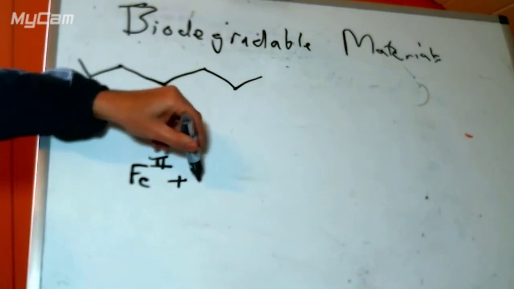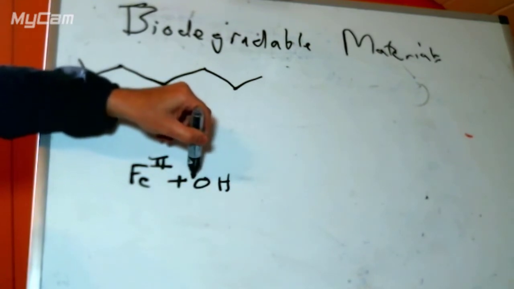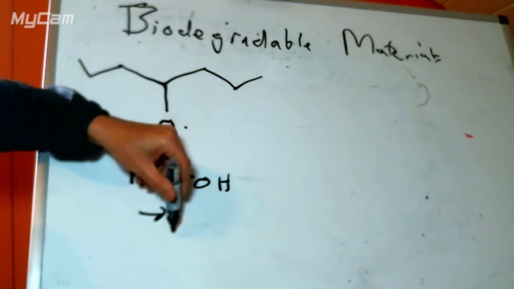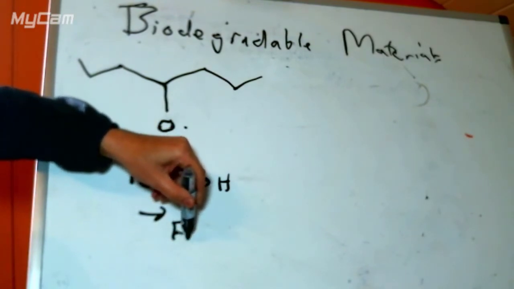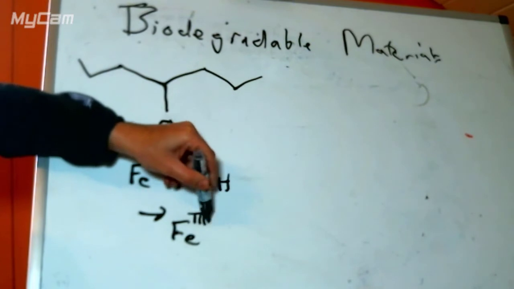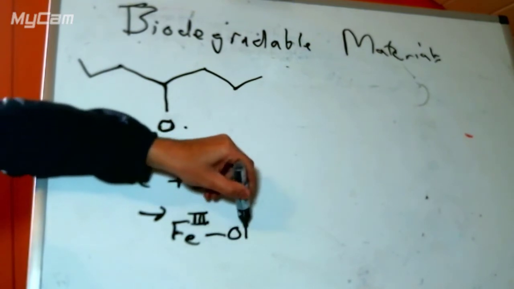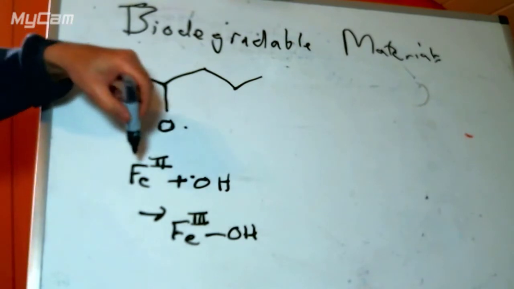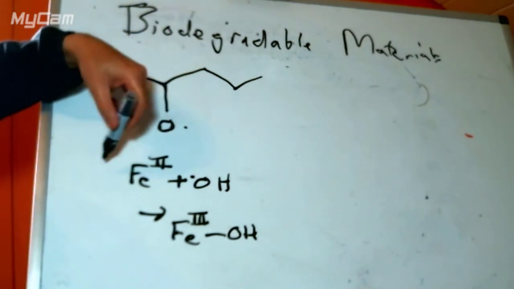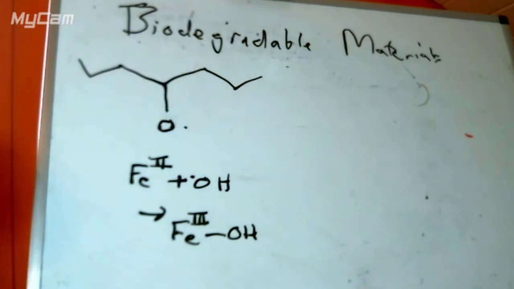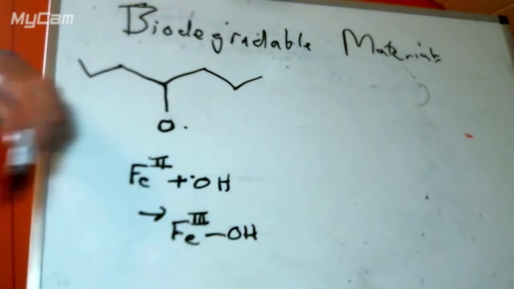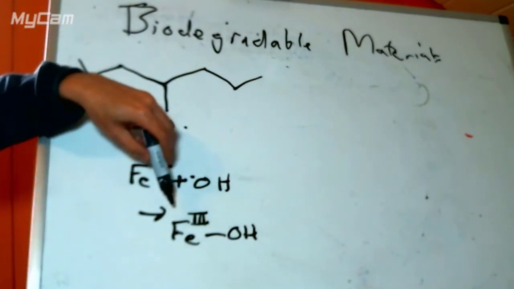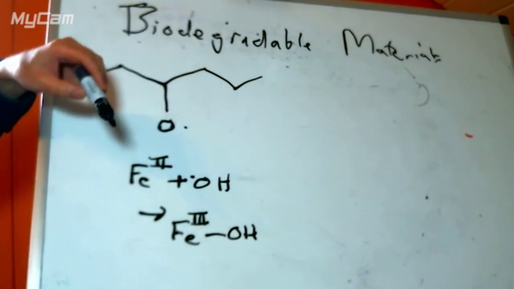So iron 2 plus OH dot goes to iron 3, and it will have an OH minus attached to it. And our charge is just a charge transfer, a transfer of 1 electron. When we want to take it back off again, we can take the H off something and make it into a water. That will get rid of our hydroxide, so we can go in the other direction.